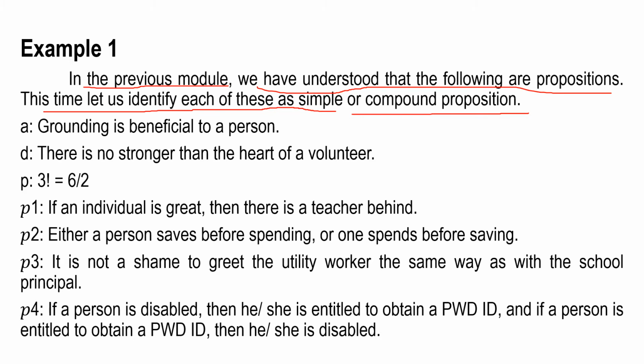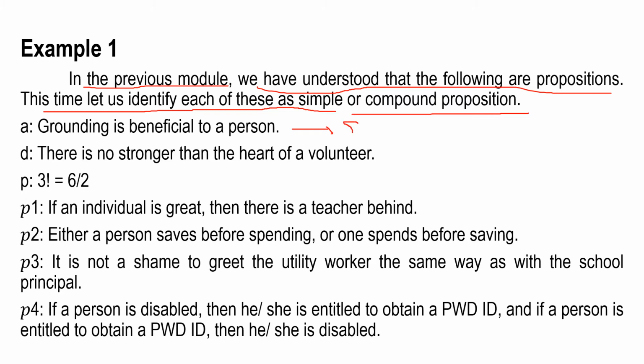So there are no logical connectors being used in proposition number one, or under letter A, proposition A. So I mean to say, this proposition under A is a simple proposition.